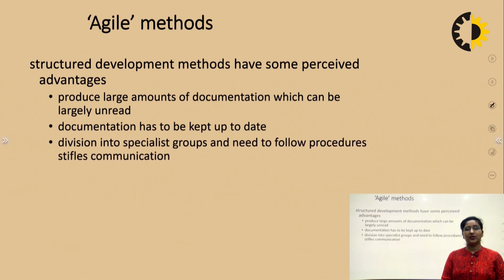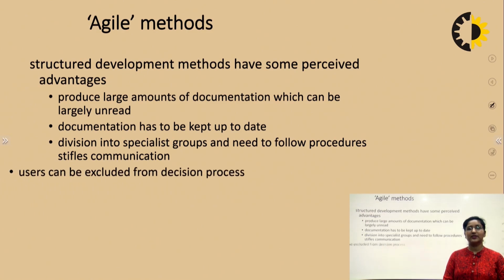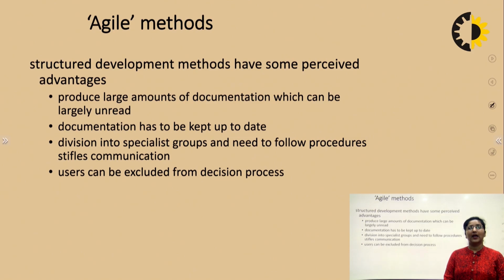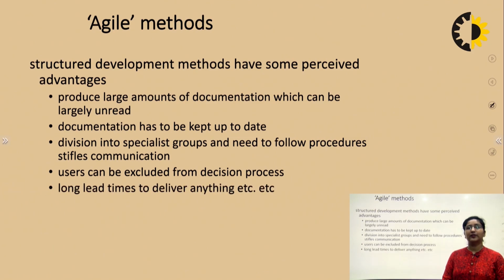Division into specialist groups and the need to follow procedure stifles communication. Users can be excluded from the decision processes. Another disadvantage is long lead times to deliver anything, etc. So, the answer to all these problems is agile methods.